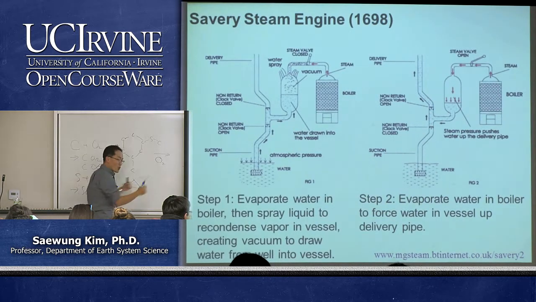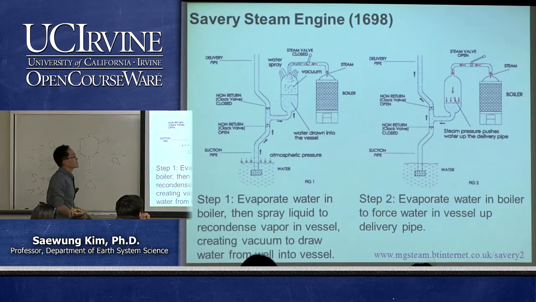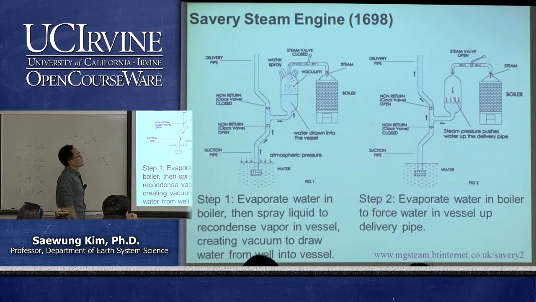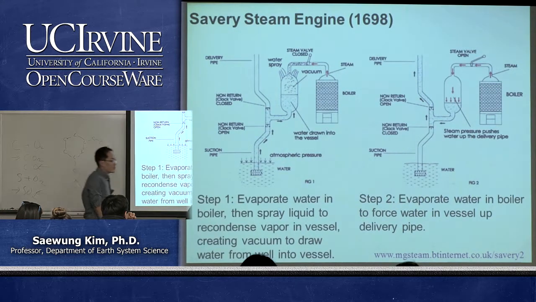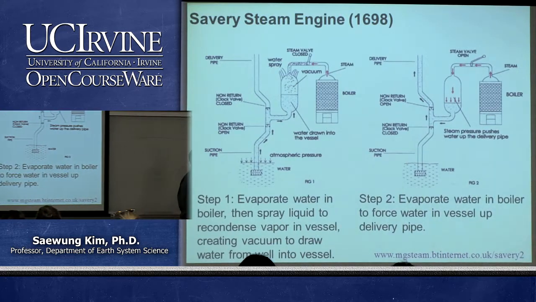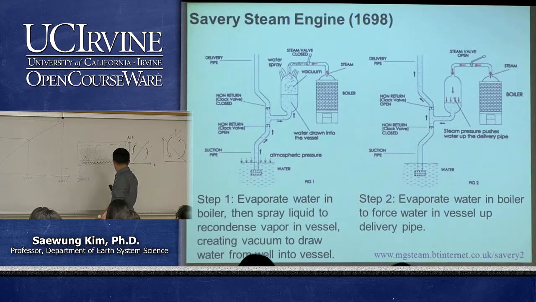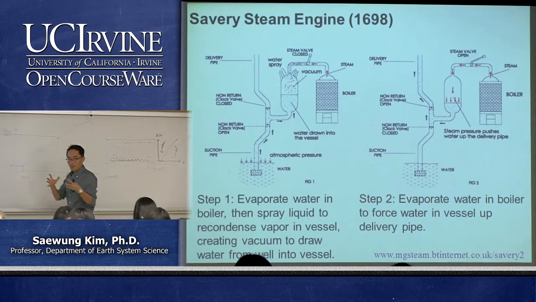So the real punchline for why the use of coal became widespread is the steam engine. Steam engine sounds very complicated, but have you guys cooked any ramen noodles in your home? The first thing you do is boil the water in the pot, right?